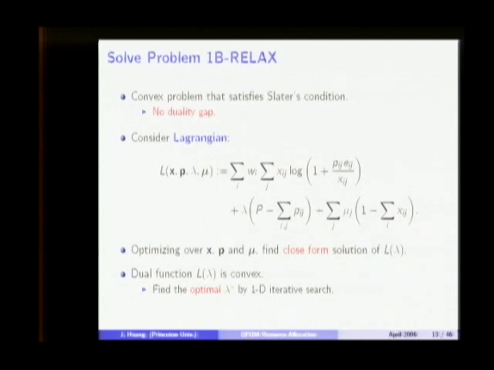After optimizing over these three variables, we can get a closed form solution of the function in the scalar lambda only. This is specific to this problem. In general, you may get numerical solutions and do some numerical search, but here we get closed form. Because this is a dual function, it is convex, so we can find the optimal lambda by one-dimensional iterative search. You can pick your favorite search method, for example bisection search or golden section search, right? Because it's one-dimensional, it has very low complexity.